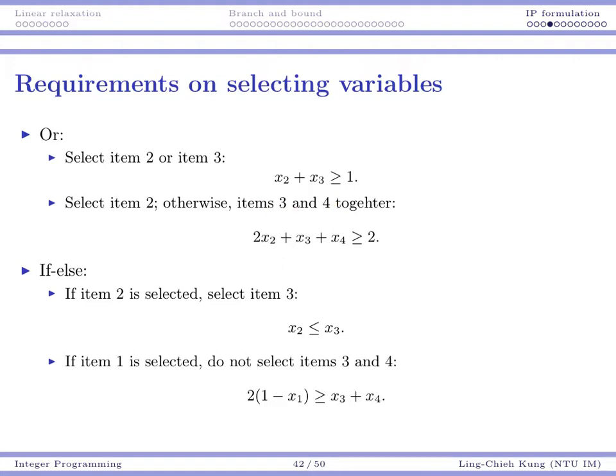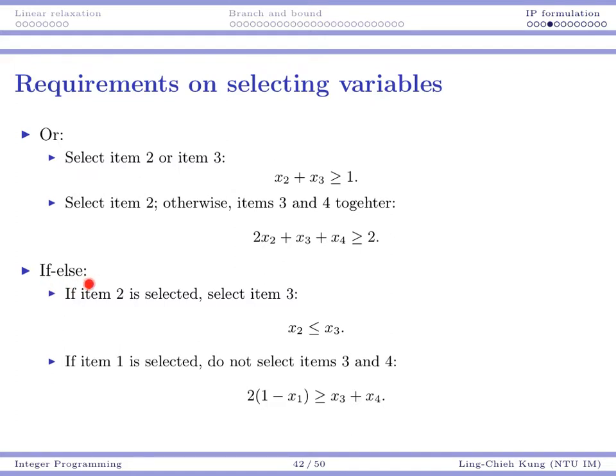Just a little bit creative. Add a constraint like this, then either x2 must be 1, or if x2 is 0, then they must together be 1. Please note that it's still okay to have all of them being 1. It does not violate this constraint.